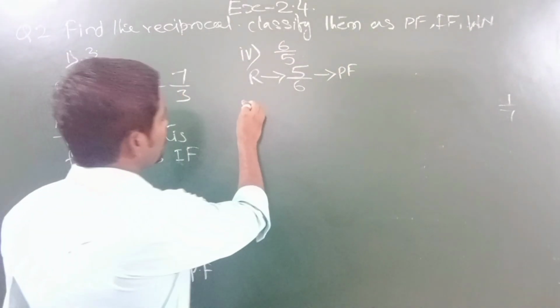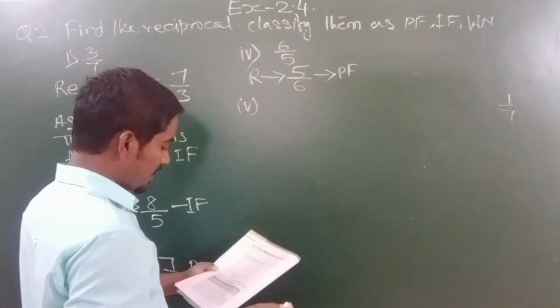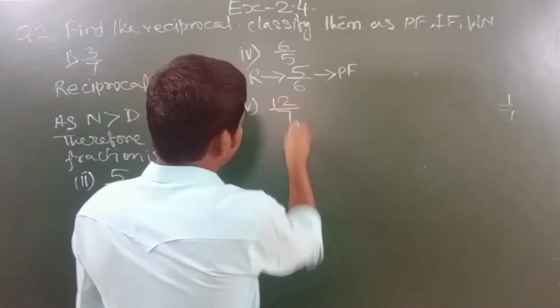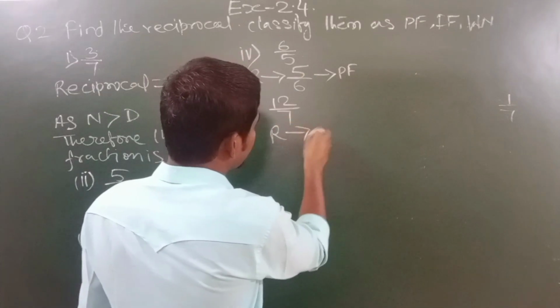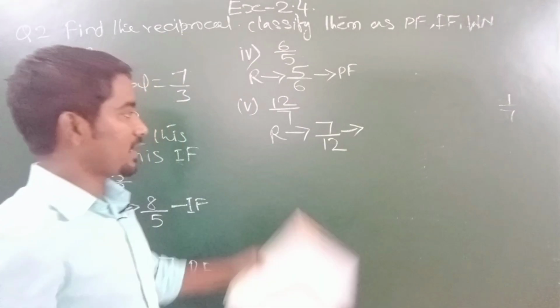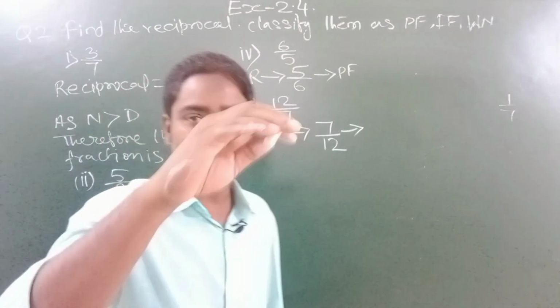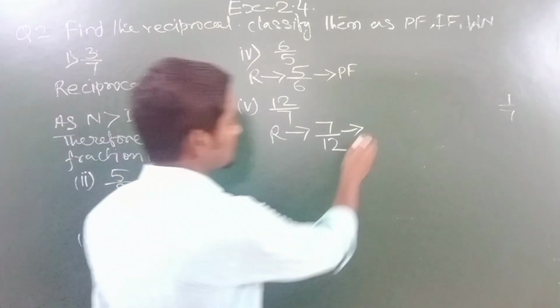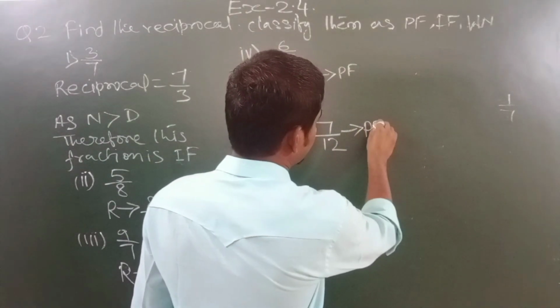Now moving to segment number 5, which is 12 upon 7. Its reciprocal will be 7 upon 12, and hence again 7, the numerator, is less than the denominator, and hence this fraction will also be a proper fraction.